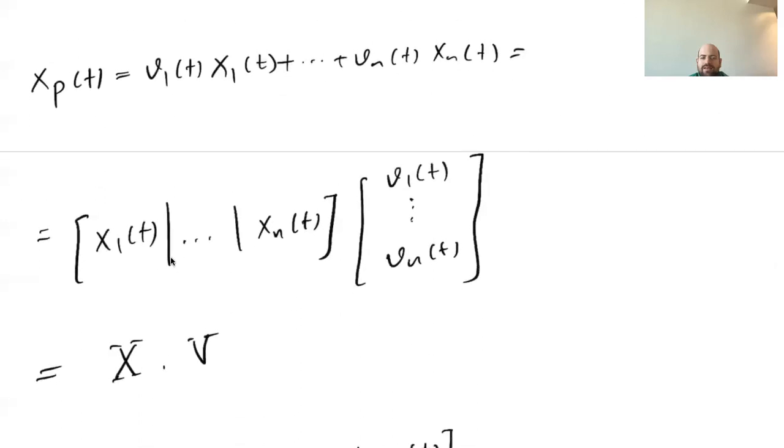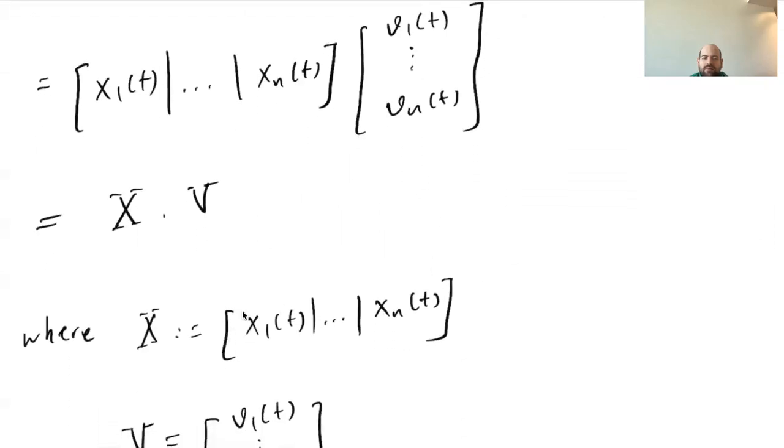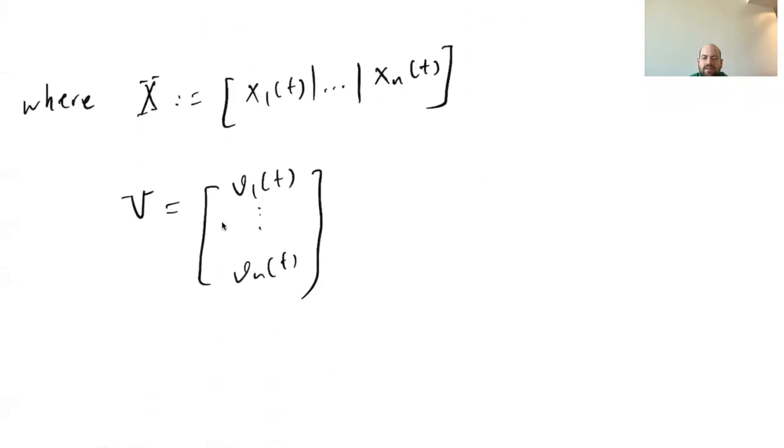So when I put these xi's together, this becomes a matrix because each of them is a vector. And when I put these vi's together, it becomes a vector because each vi is a scalar. And then capital X times capital V. Capital X is the matrix whose columns are xi, and capital V is a vector whose elements are vi.